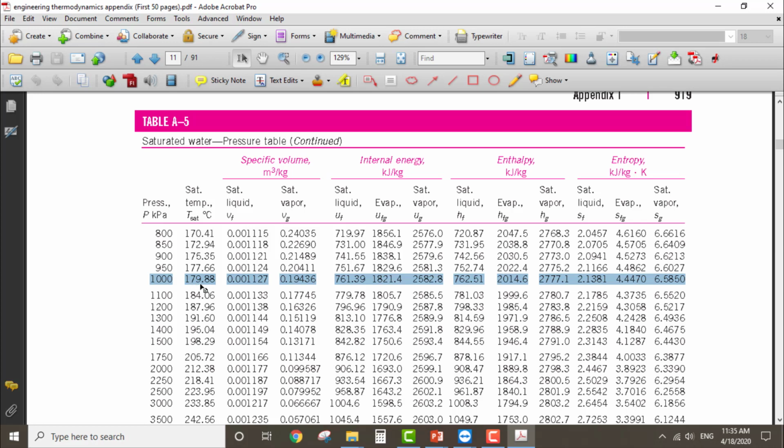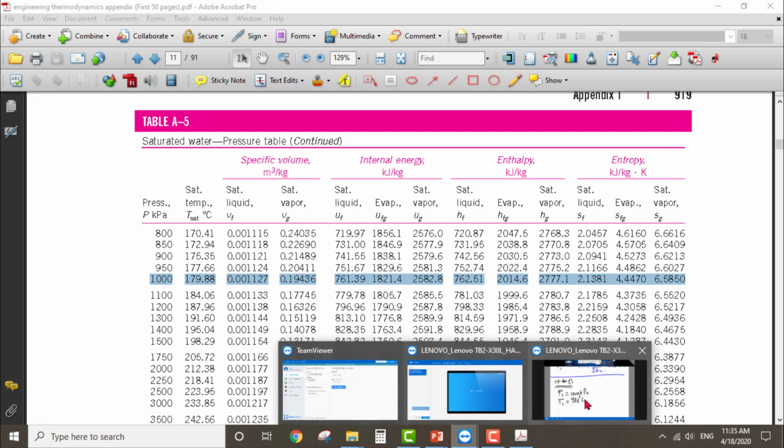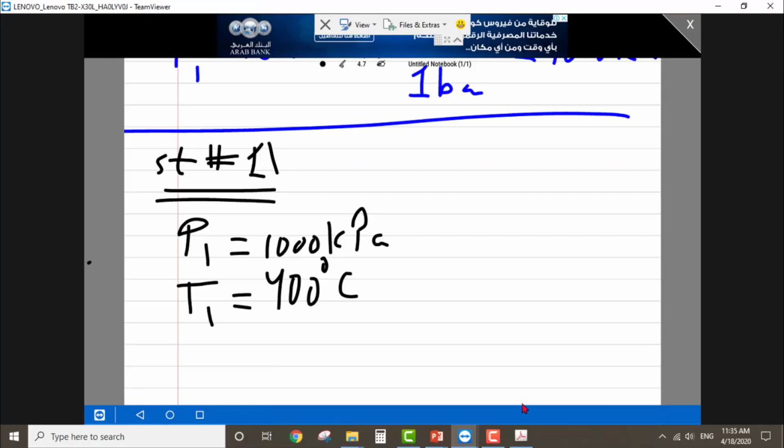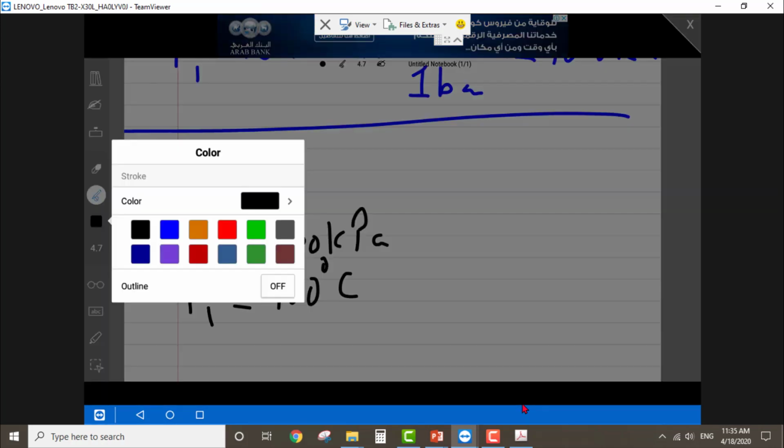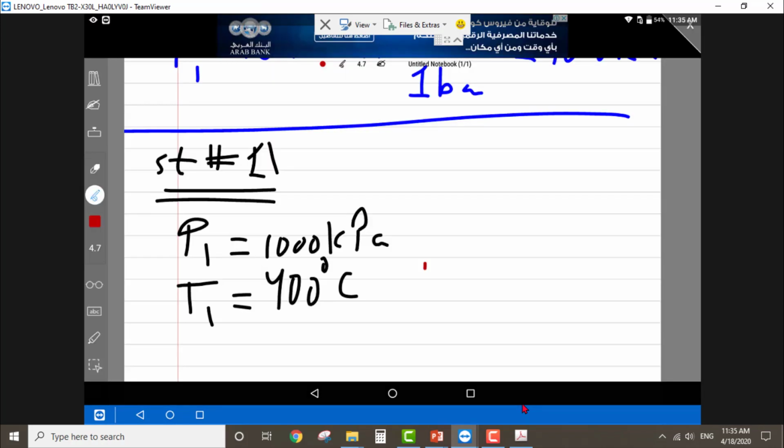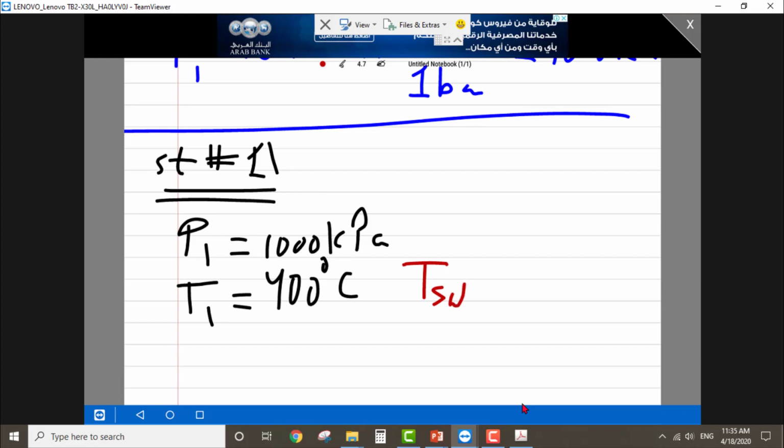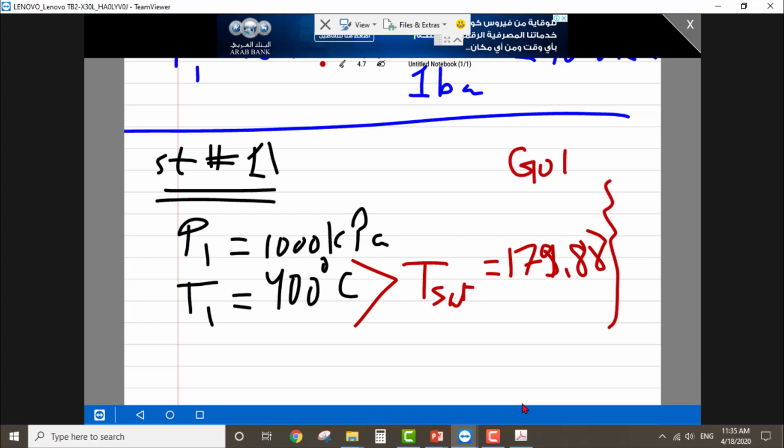Tsat is 179.88, and our value is bigger than Tsat. So that means go to the superheated table.